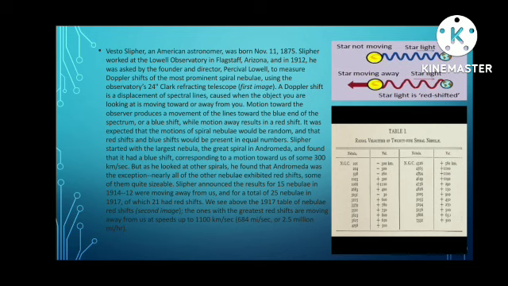So a Doppler shift is a displacement of spectral lines caused when the object you are looking at is moving toward or away from you. Motion towards observers produces a movement of lines toward the blue end of the spectrum. The spectrum is what we see when we use a high-powered telescope.